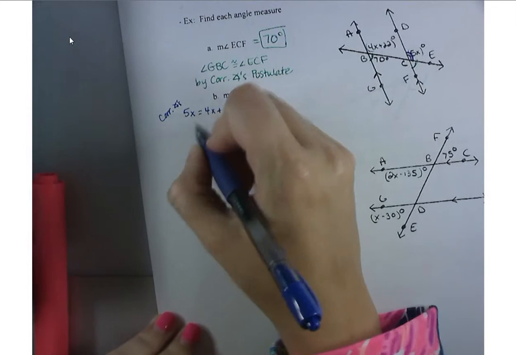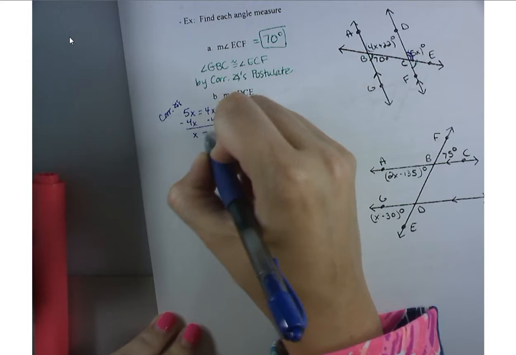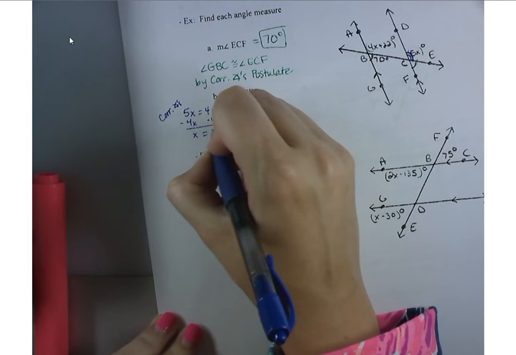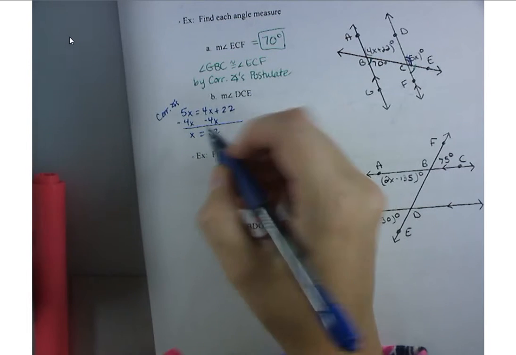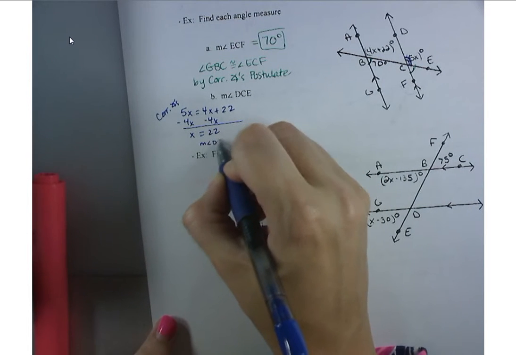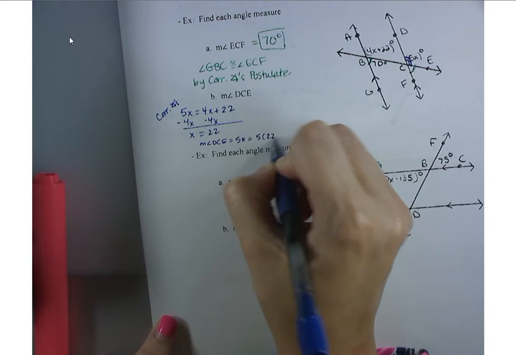Okay, so if you subtract 4x from both sides, you'll get x equals 22. Is that the measure of DCE, 22? No, what do we have to do? Multiply by 5. Okay, so then we plug it back in. So the measure of DCE is equal to 5x, so 5 times 22, which would be what?